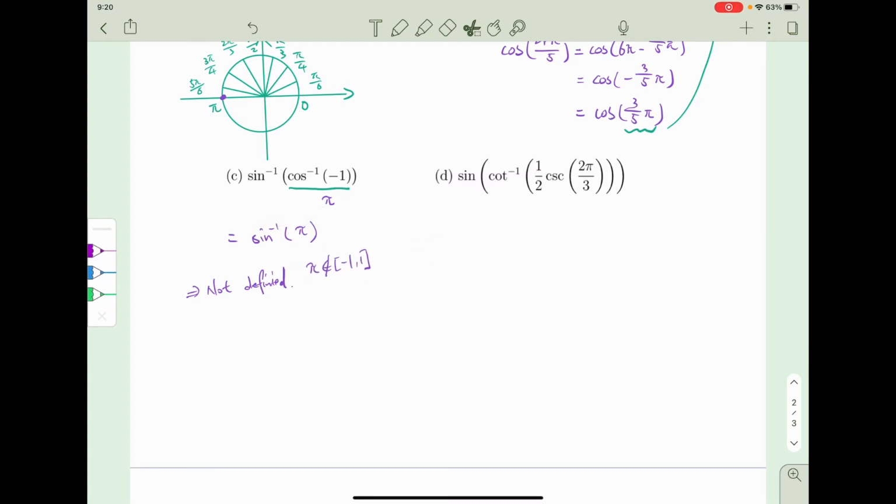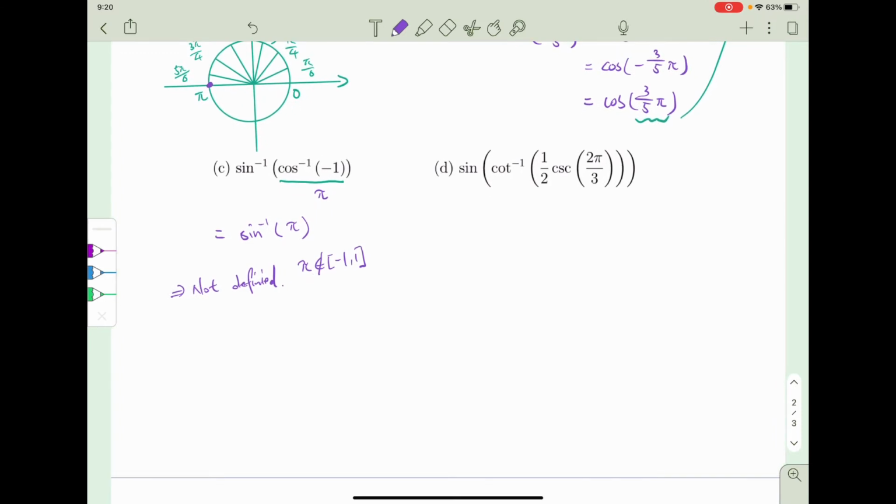Now let's work on our question D. This question is very complicated. So let's go slowly, step by step. We work on the most inside one first. What is cosecant? Cosecant is 1 over sine something, right? So we work this out. This 1 over 2 CSC here is equal to 1 over 2 times 1 over sine of 2 pi over 3.